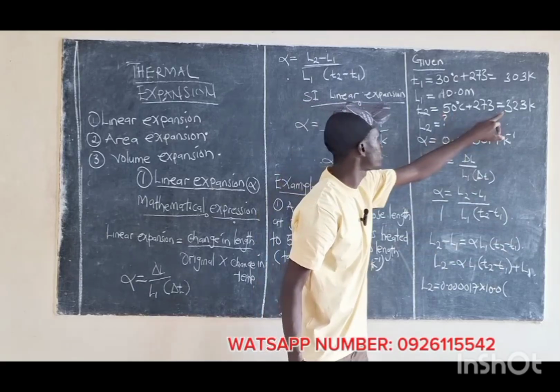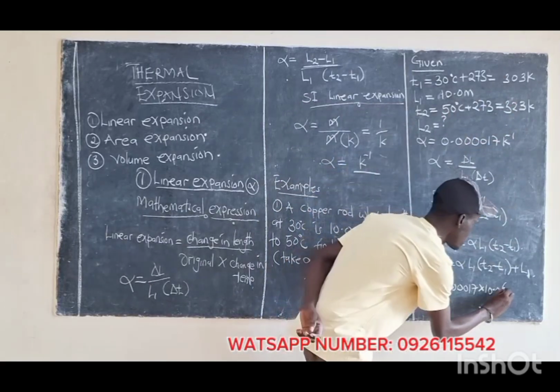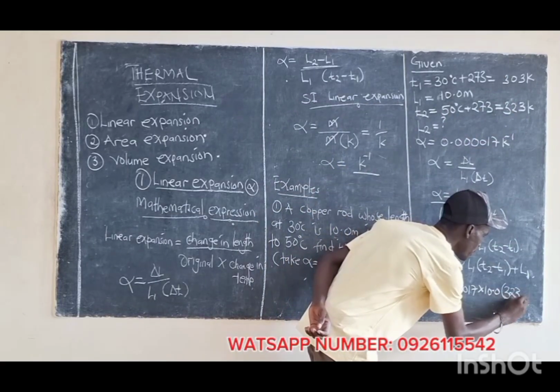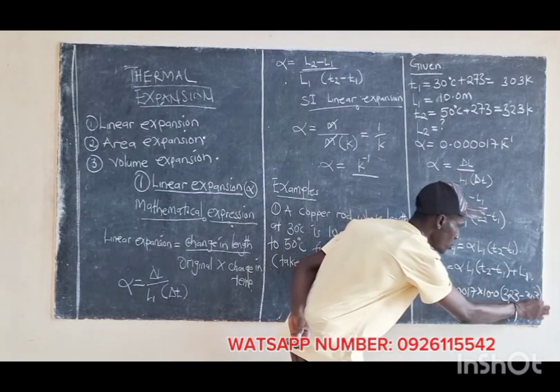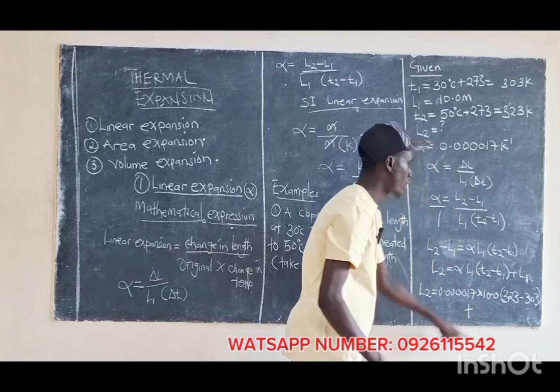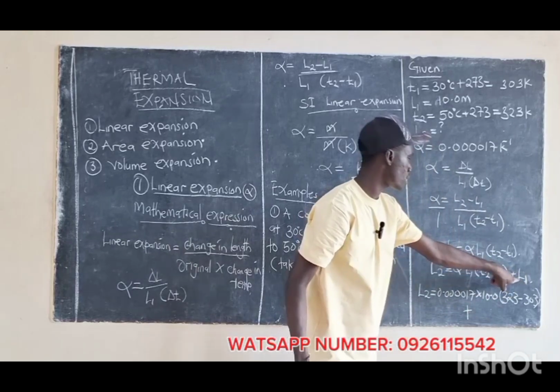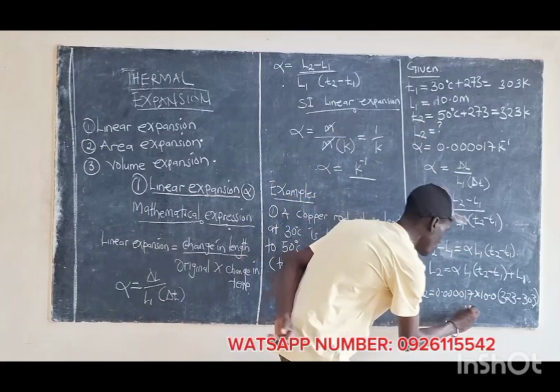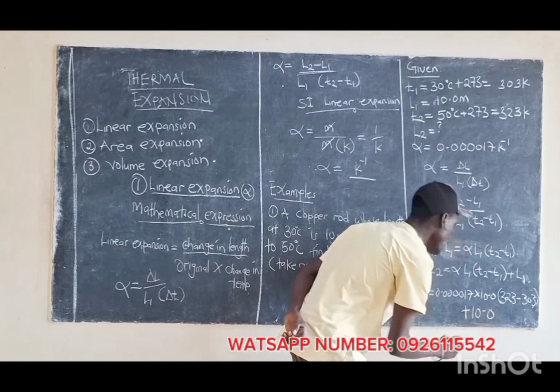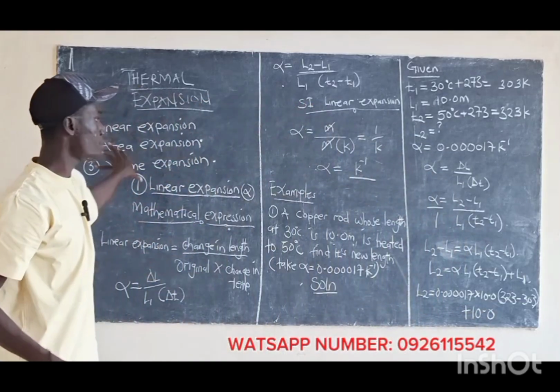T2 minus T1 is this one minus this one, which is 323 minus 303. Then plus L1. We are bringing this one down because of space. Our L1 is 10.0. Now let's continue from this side.